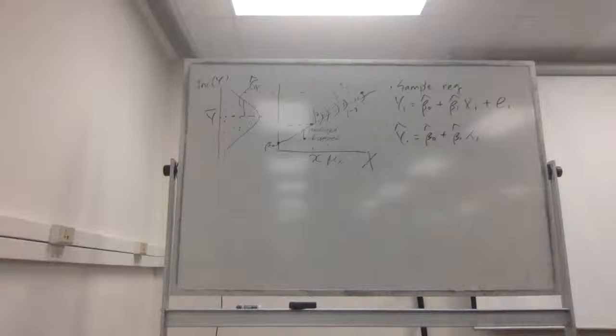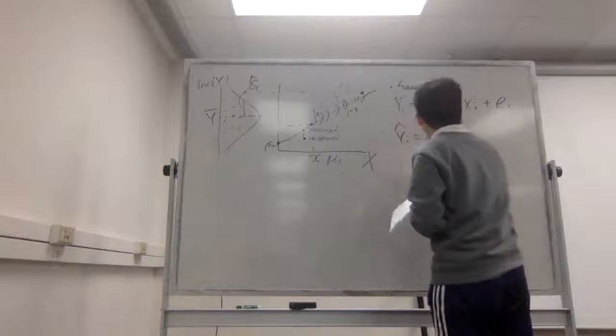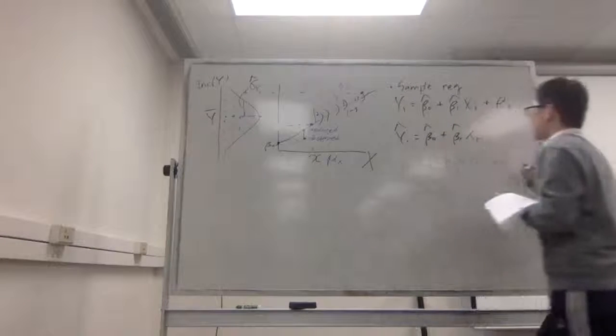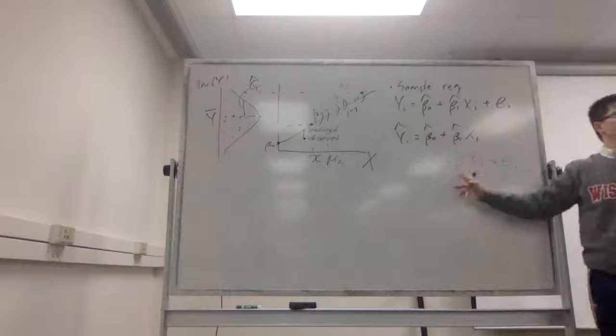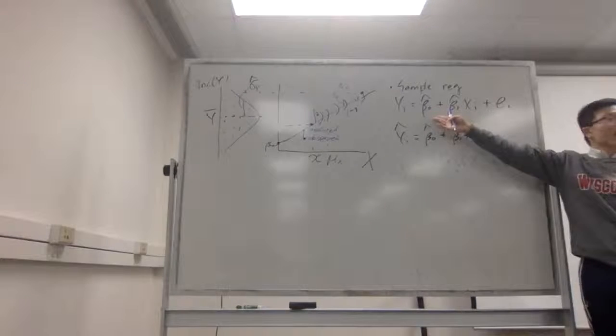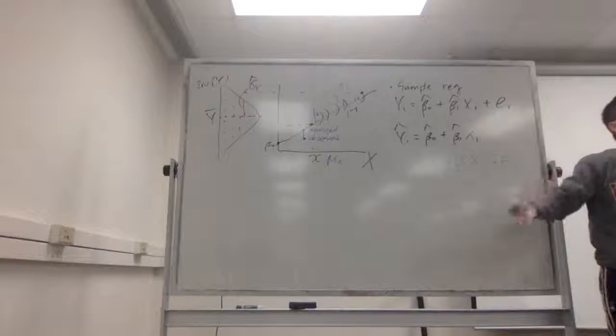When you say yi hat, is that one different? Just say that one more time. Oh, yes. So compared to the population regression model, which has yi, beta 0, beta 1, it didn't have hats, right? But now we're using a sample, so we don't know what beta 0 and beta 1 are for sure.